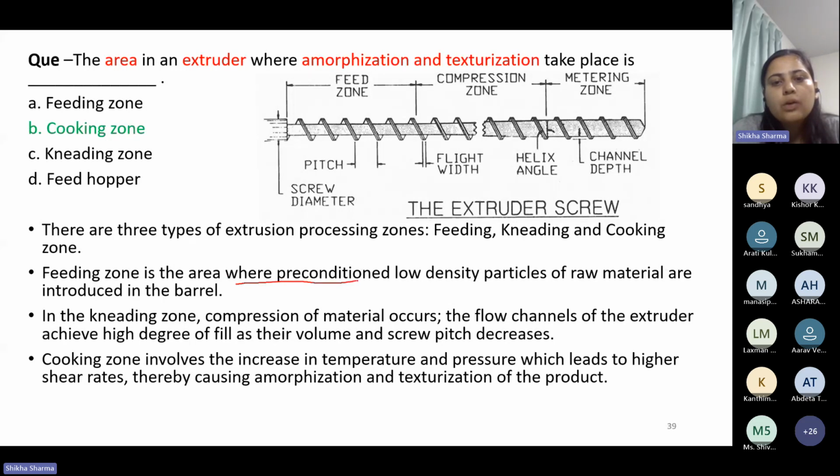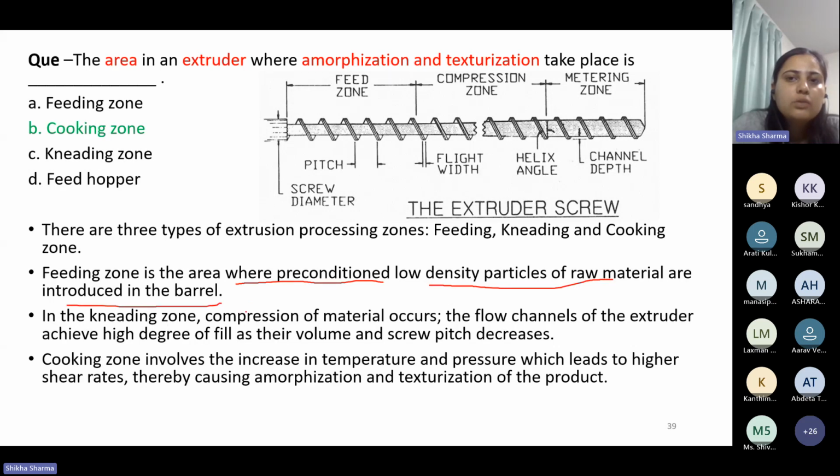In the feeding zone we just get the product, and it is only a little bit mixed. The feeding zone is the area where preconditioned low density particles of the raw materials are introduced into the barrel.